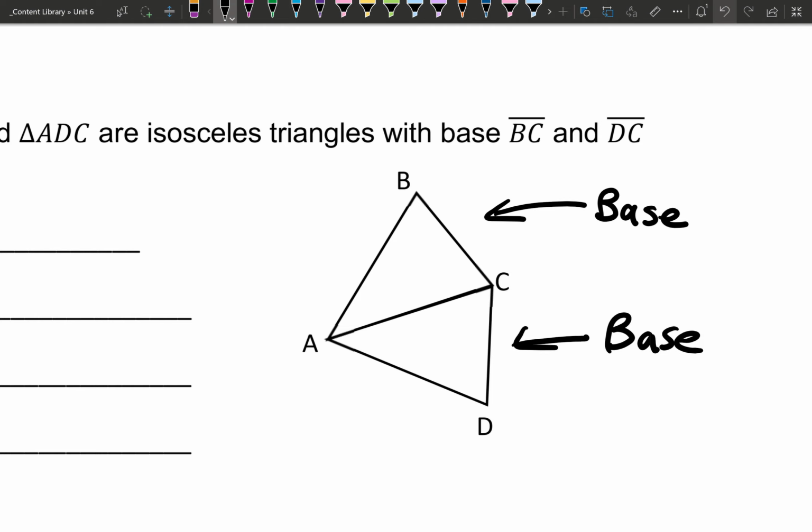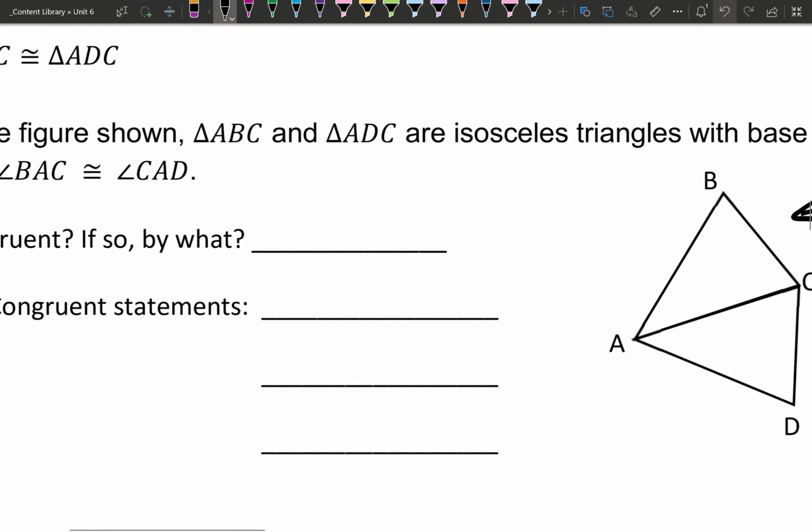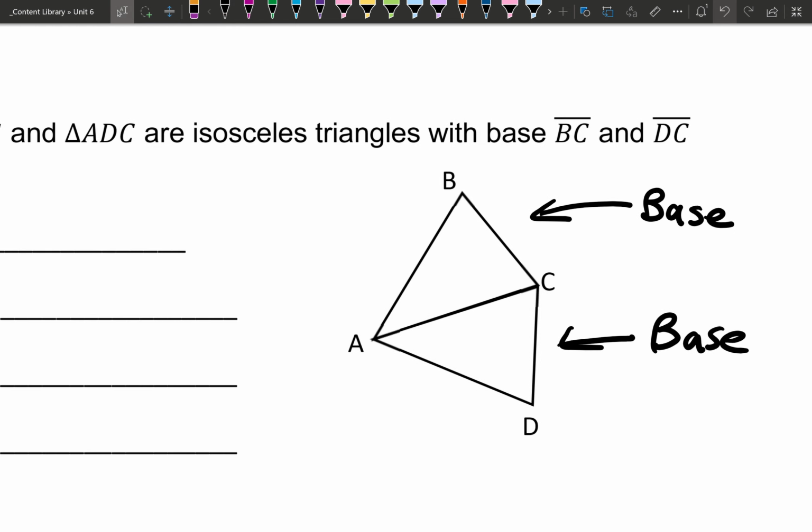Now, if that's not enough information after we mark the other congruent angle we were given, then we'll mark the congruent angles. But let's see what we've got so far. In the triangle ABC, so this top one right here, it has two congruent sides attached to that bottom, this side and this side.